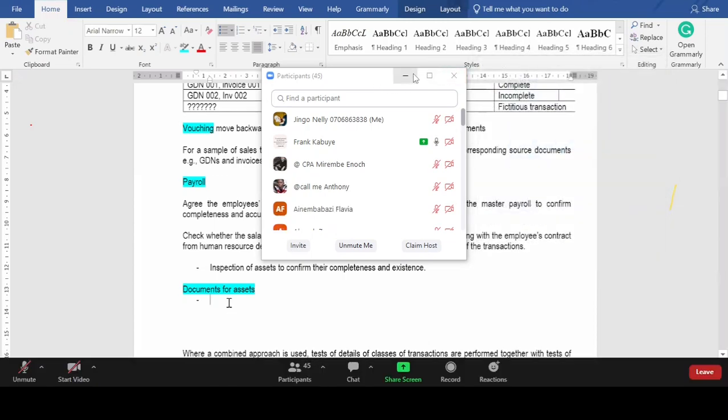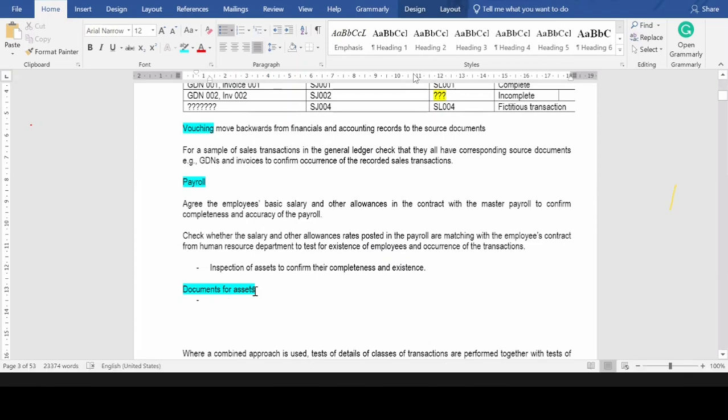So we have source documents, like somebody has said: there's a purchase order, there is an invoice, there's a receipt. Then from there, we go to the asset register. What else?